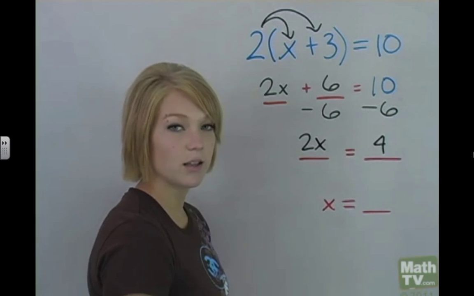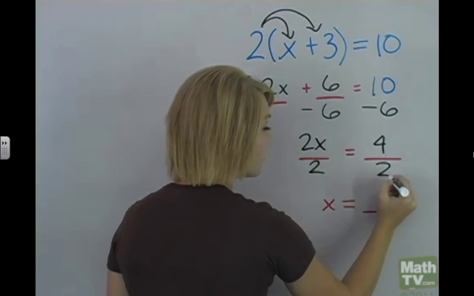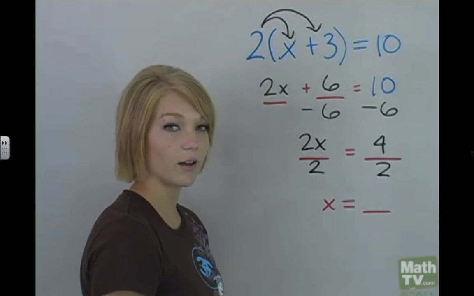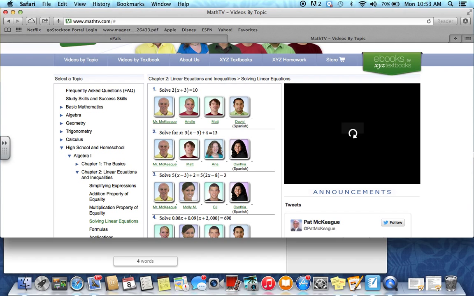Now to get the x by itself, we divide both sides by 2, which gives us our final answer of x equals 2. So basically, this video shows the student how to solve a problem step by step. It's similar to my flipping the classroom video. So in the same concept, the students will learn.